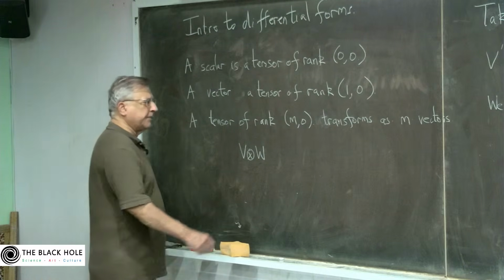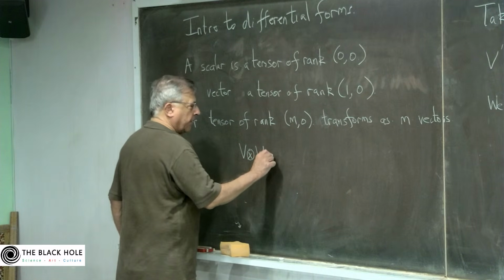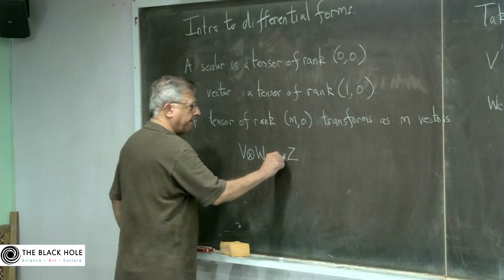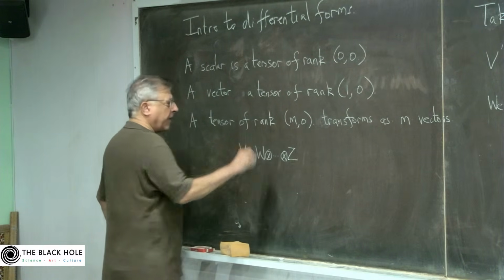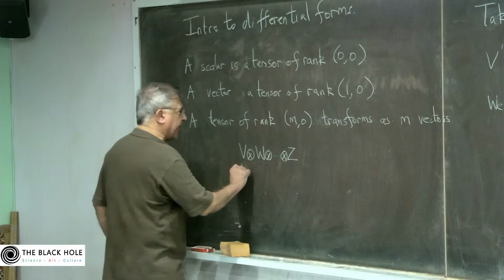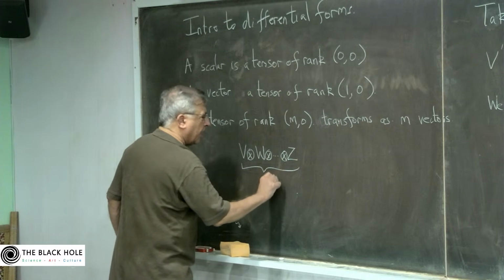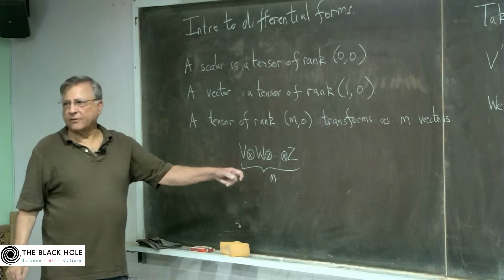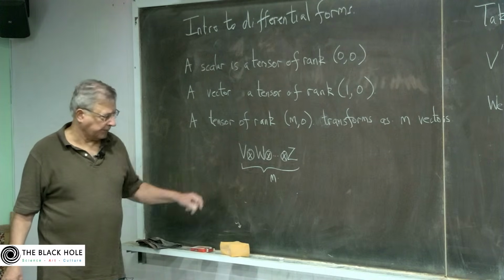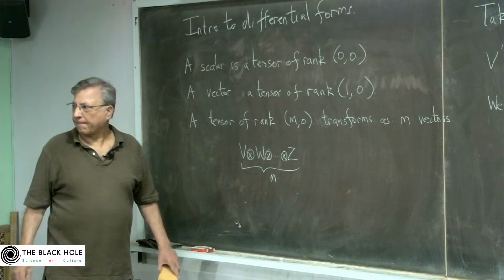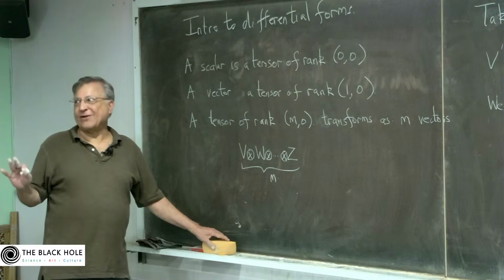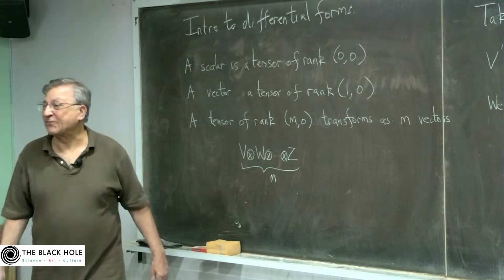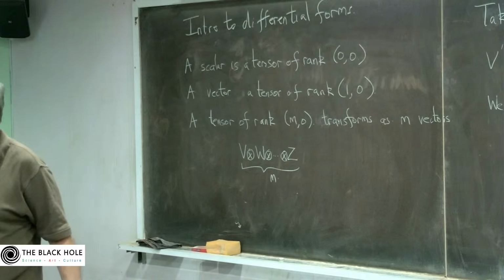If I have then there can be m of these, and this will be a rank M0 tensor. I'll tell you. So I have to start now with what is 0, 1.